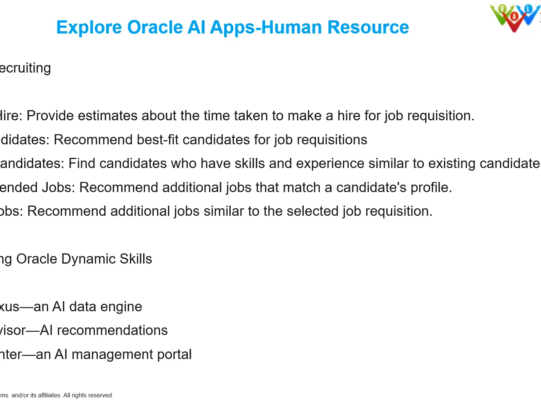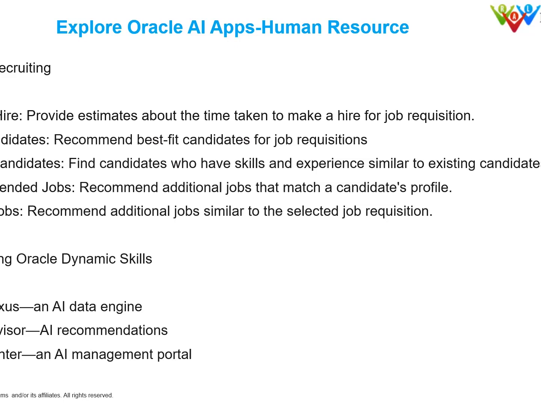What are the similar candidates? For example, for a particular position, what are the 10 similar candidates you have, so the recruiting team can follow up with these 10 candidates, right? Then recommended jobs, again, Oracle can recommend jobs for a particular employee within the organization.